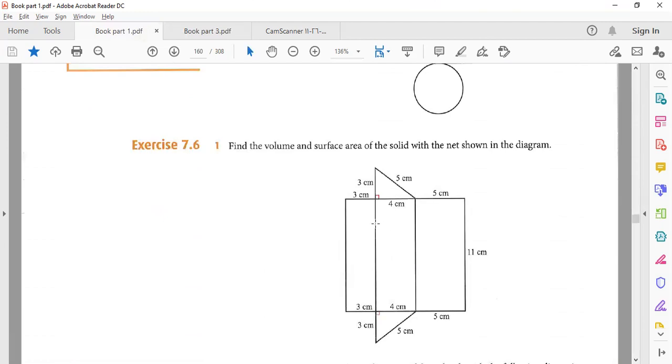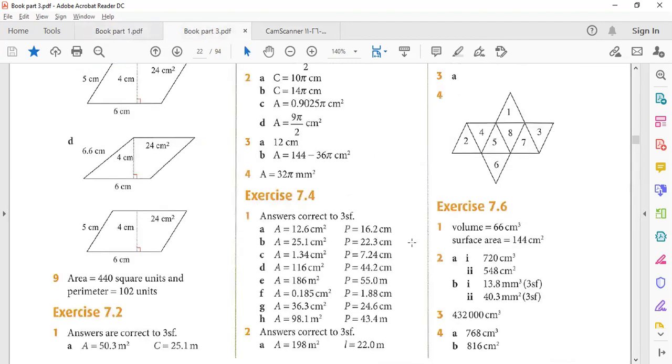Next, 3 multiplied by 5 is 15, divided by 2 is 7.5. 7.5 multiplied by height 11 is equal to 82 something. So like this you can find it. Then that is your surface area, multiplied by 2, so that is equal to 144.